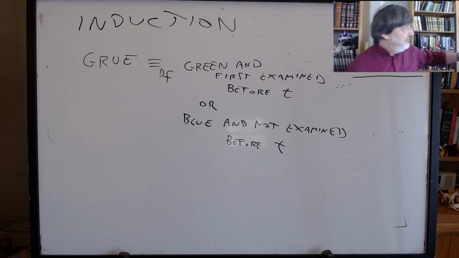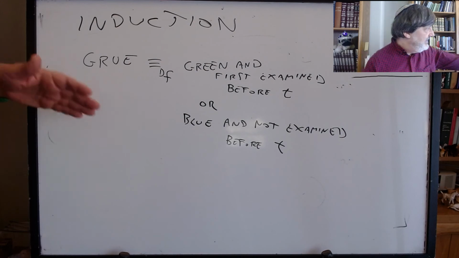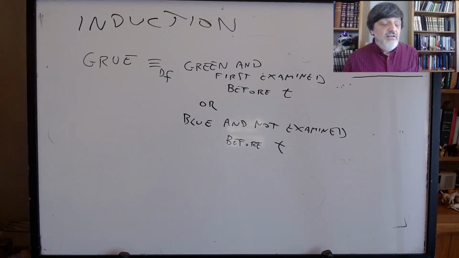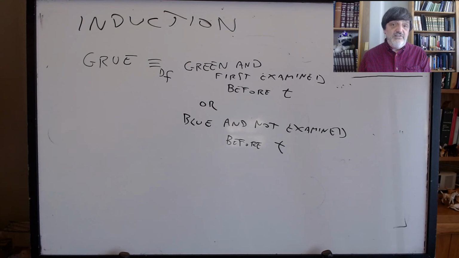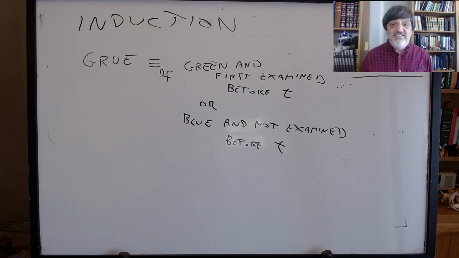So bleen means that it's blue and first examined before time T, or green and not examined before time T. So whether you use the colors green and blue or the colors GRU and bleen, you still will say that everything stayed the same color. I mean, well, I guess some things change color, but everything we normally would say stays the same color at time T.